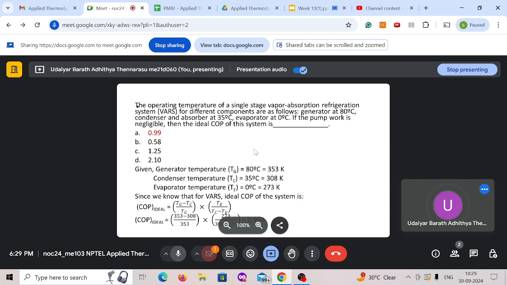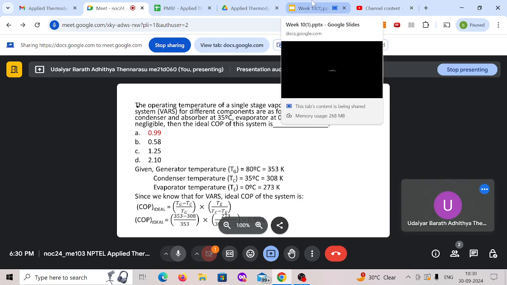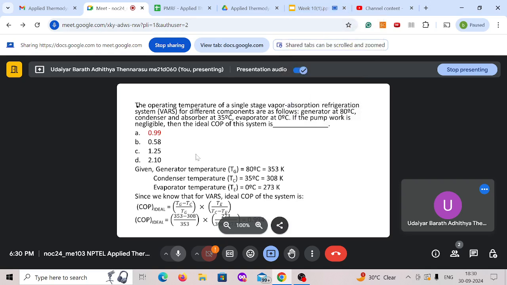The COP of the vapor absorption refrigeration system is equivalent to the efficiency of the heat engine, that is, the heat engine operating between the generator and the absorber. So you have two systems.